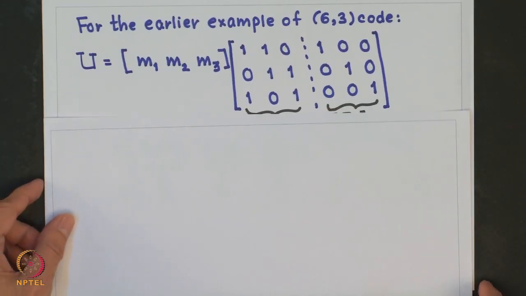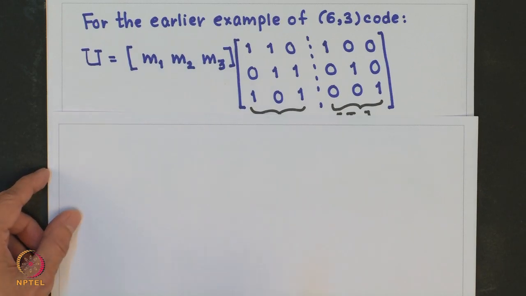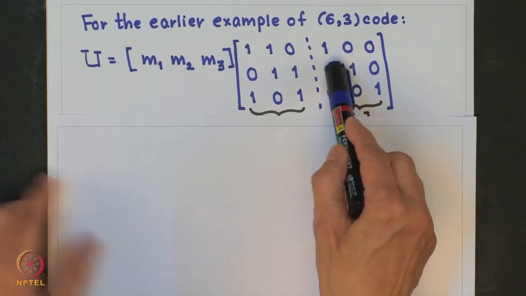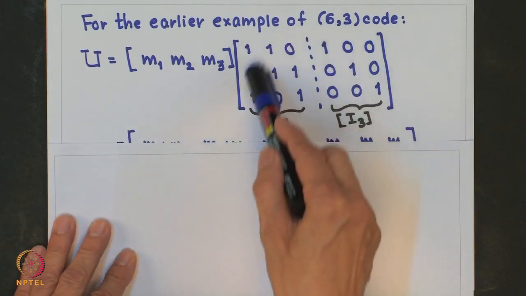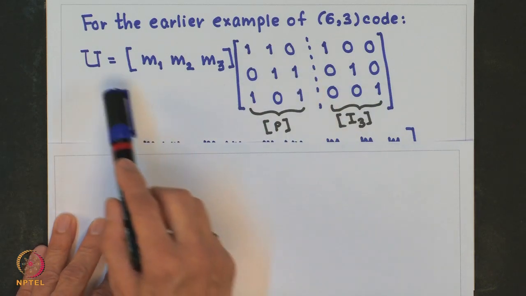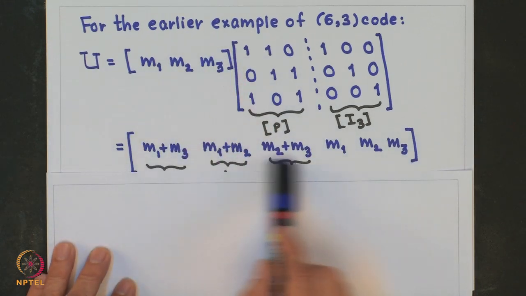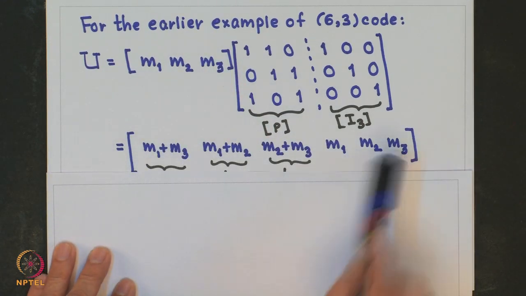So, let us take an earlier example and obtain the code word for any general message m. So, we take the example 6,3 code, for which the generator matrix is given as shown here, and the code word for any message vector would be obtained as shown here.